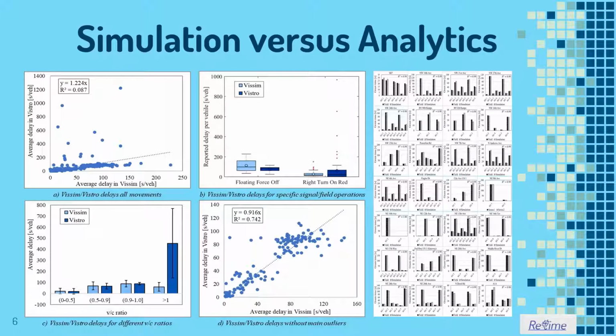So here are a couple of charts to show that no matter how much effort you put into preparing your analytical tools, you cannot get conditions that are the same as the field conditions. Whereas if you put enough effort into microsimulation modeling, you can actually do that.